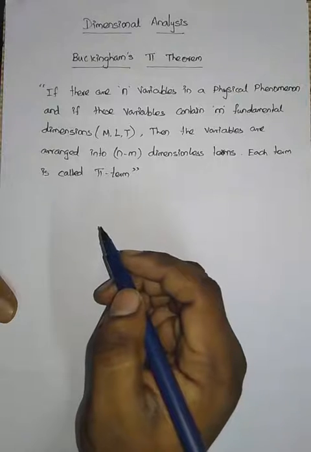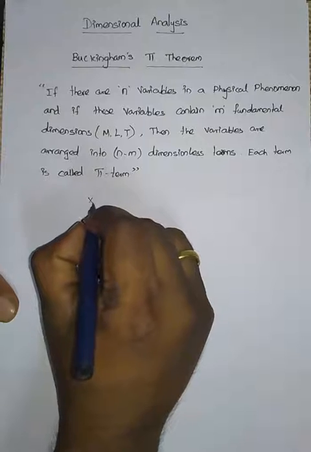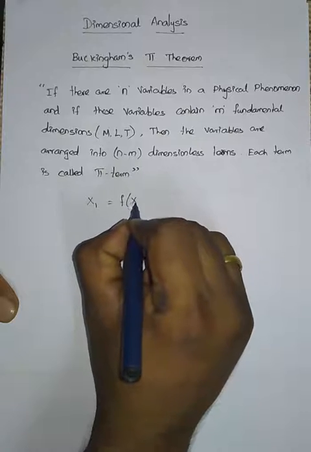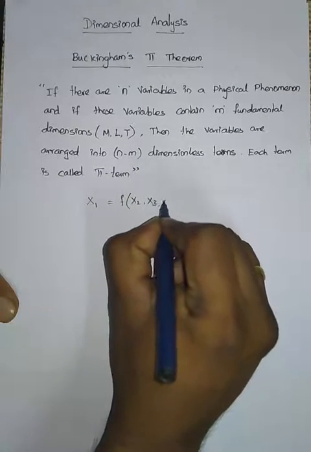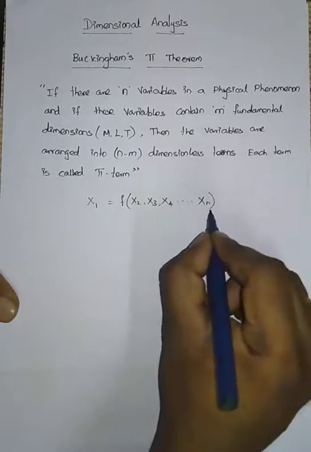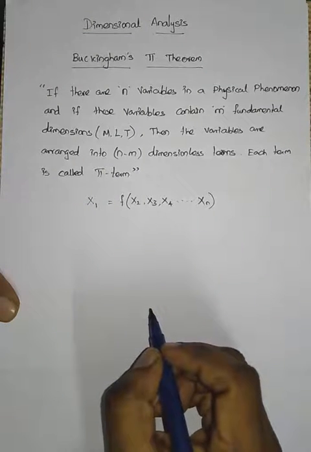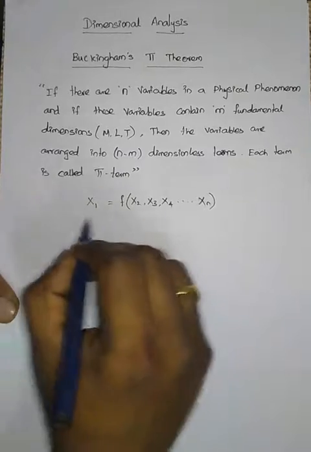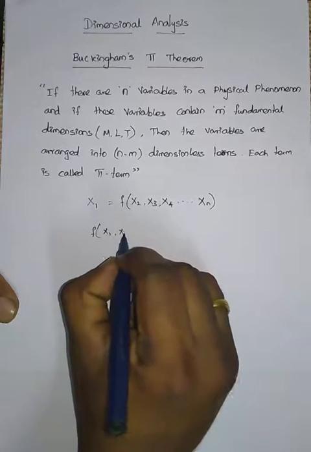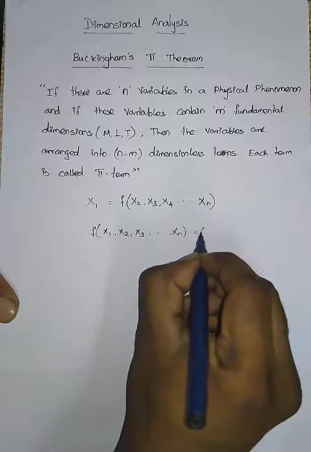As in the problem of the Rayleigh method, consider a variable x1. This variable depends on x2, x3, x4 and so on up to xn, that is n number of variables. In the next step, this equation can be written as a function of x1, x2, x3 up to xn equal to 0.